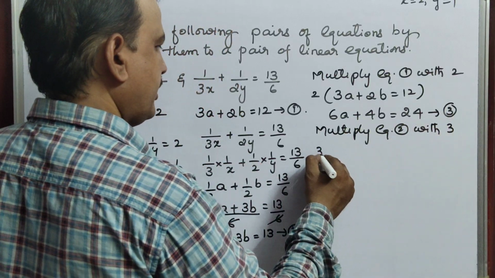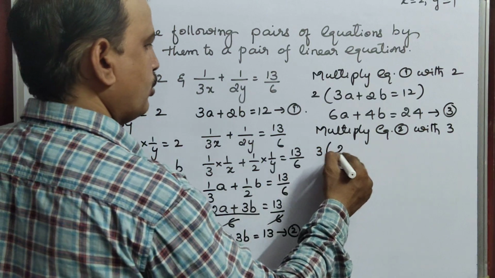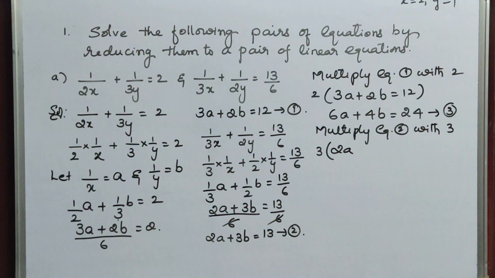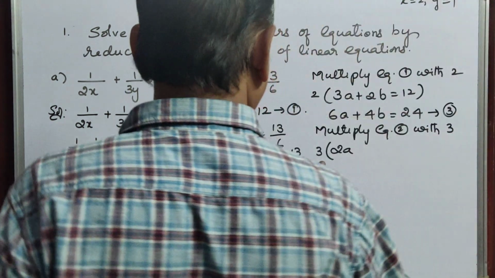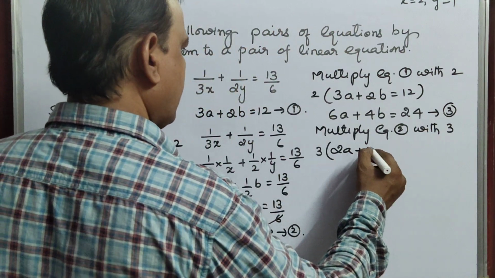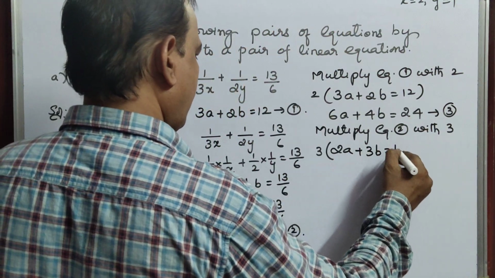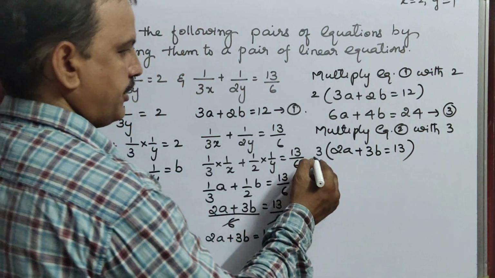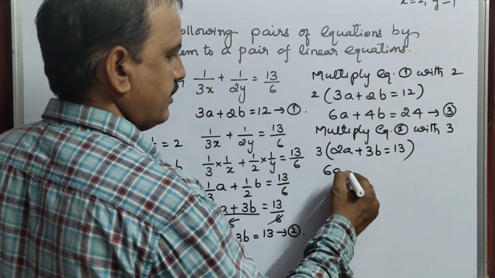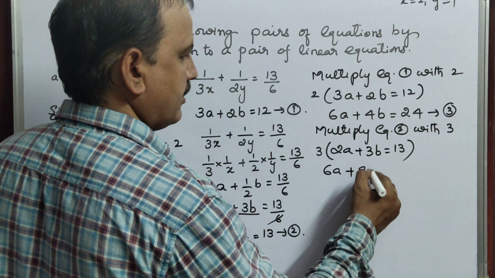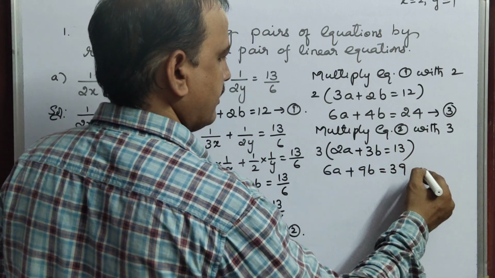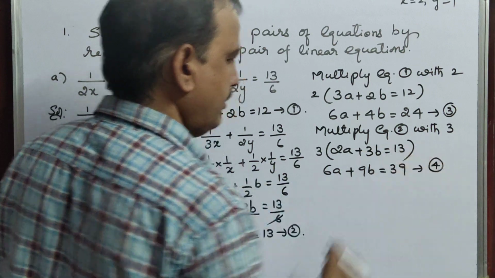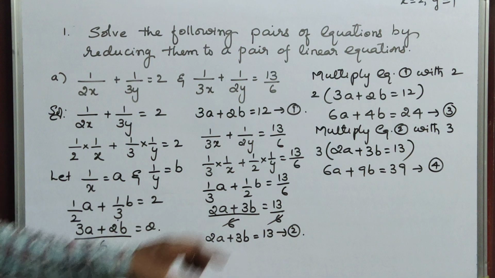That means 3 into 2a plus 3b equals 13. 3 2s are 6a plus 3 3s are 9b equals 3 13s are 39. So that is equation 4.